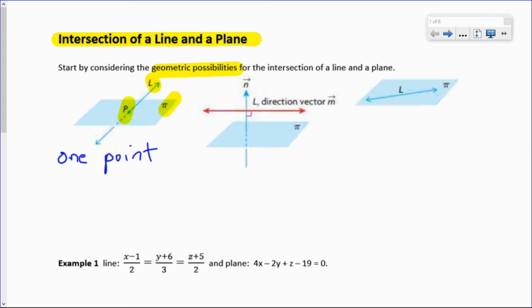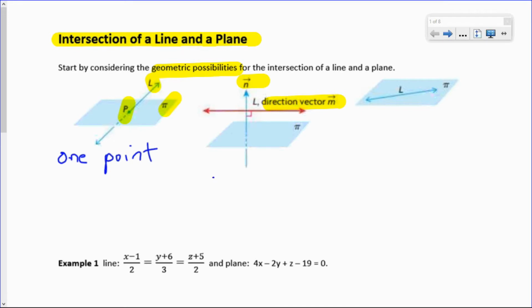Now it's different to talk about a plane and a line being parallel than it is 2 lines. But in this picture we have a plane with a normal n, and that gives us the direction of the plane. For whatever reason, in this example, the direction vector of the line is called m. Now, if the line is perpendicular to the normal, that means it's going to be parallel to the plane, and that's exactly what we have here. We have a line that's perpendicular to the plane's normal.